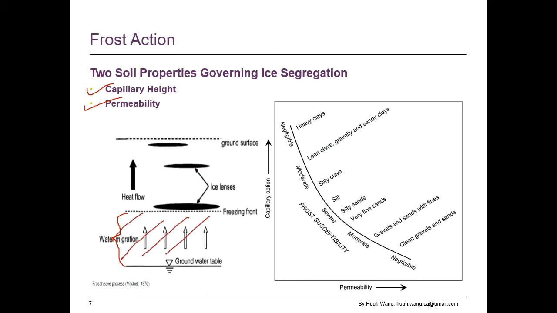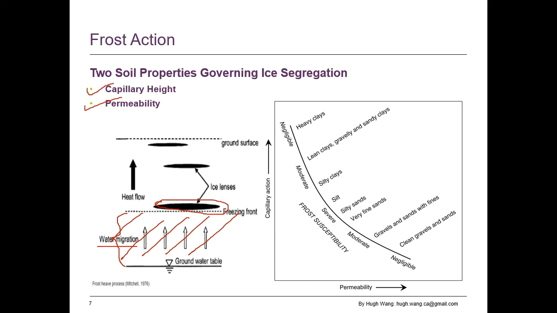So the soil located in this zone. In order for the ice lens to continuously grow at the freezing front, moisture needs to migrate from the groundwater table to the freezing front.